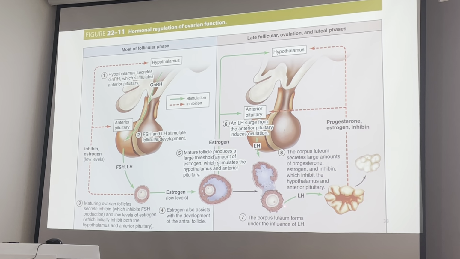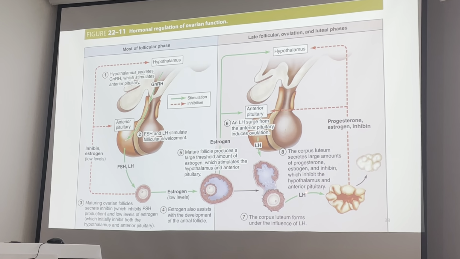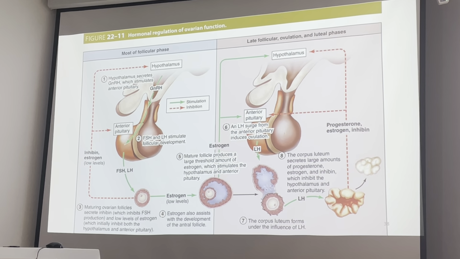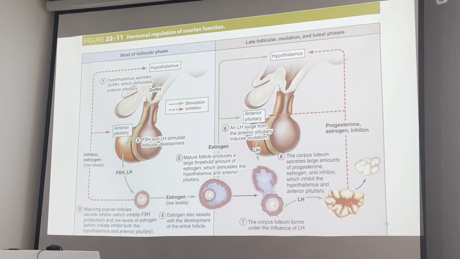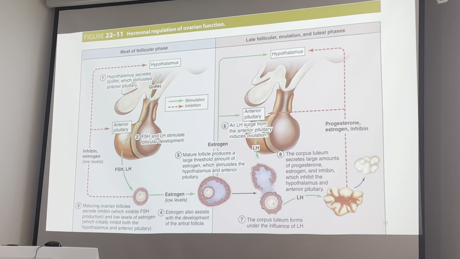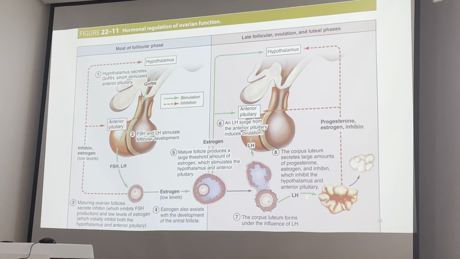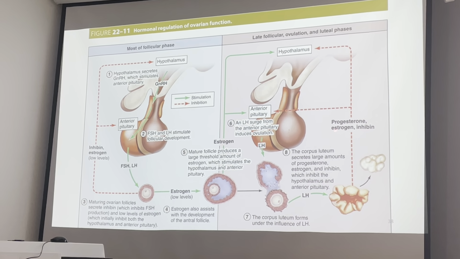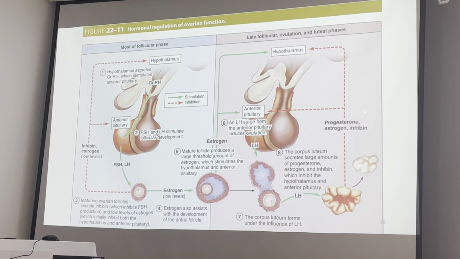After that, the LH surge again affects the corpus luteum, and under this effect in the corpus luteum you can see the production of progesterone, estrogen and inhibin.